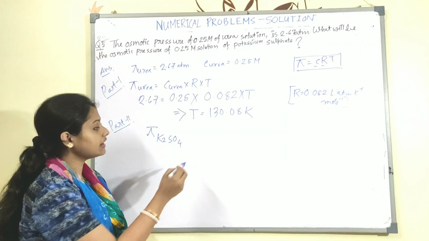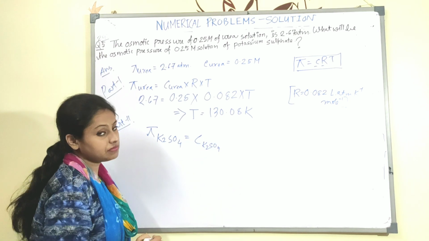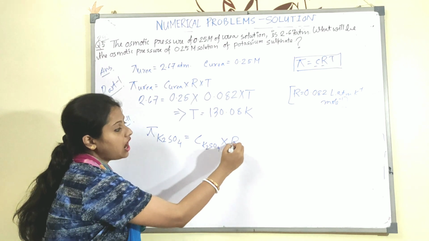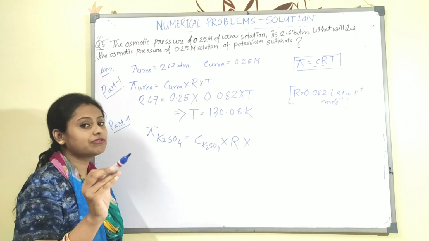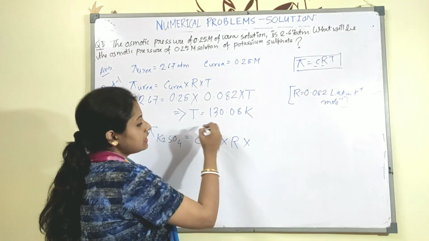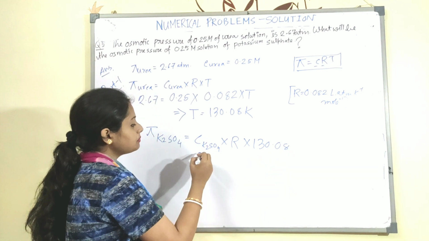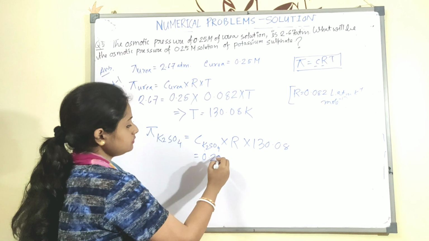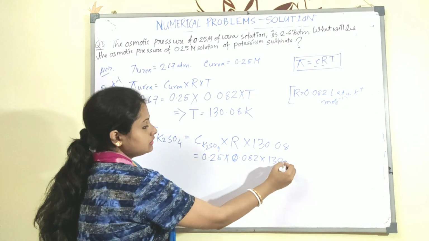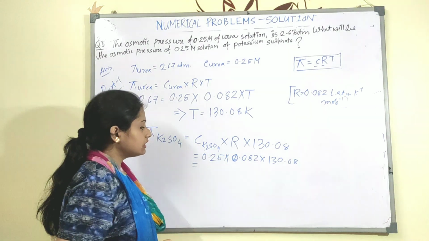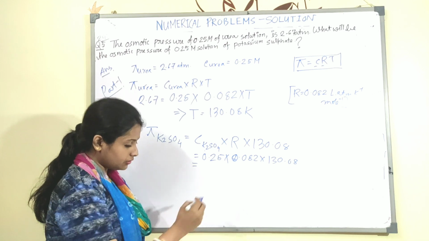The concentration of K2SO4 is the same, as told in the question. R we already know, and the missing data, that is T, we have determined in part 1, that is 130.08. So now we will put the values 0.25, 0.082 and 130.08.